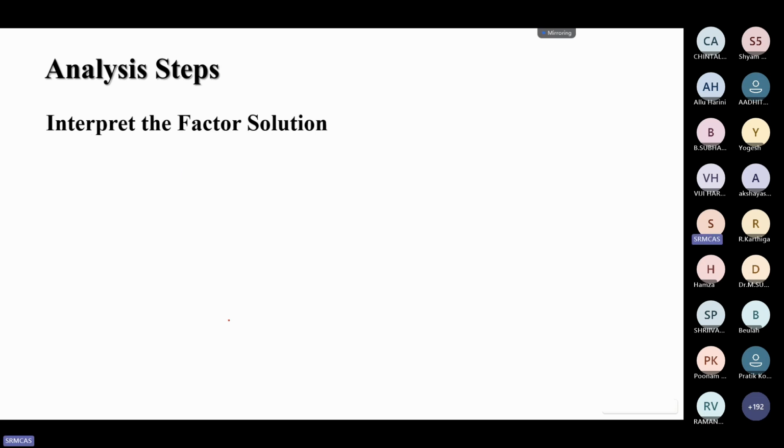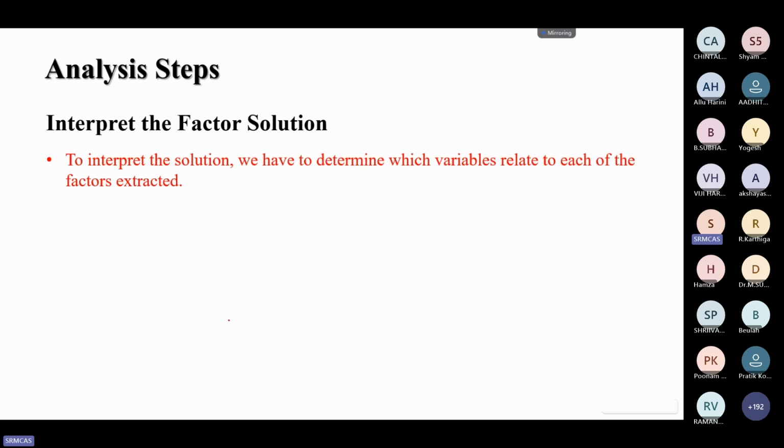Then how do we interpret the factors once we generate them? For this, we have to determine which variables relate to each of the factors extracted. For example, if you choose two factors, factor 1 and factor 2, using the eigenvalue criterion, then we look at how much variance each variable expresses on the two factors.